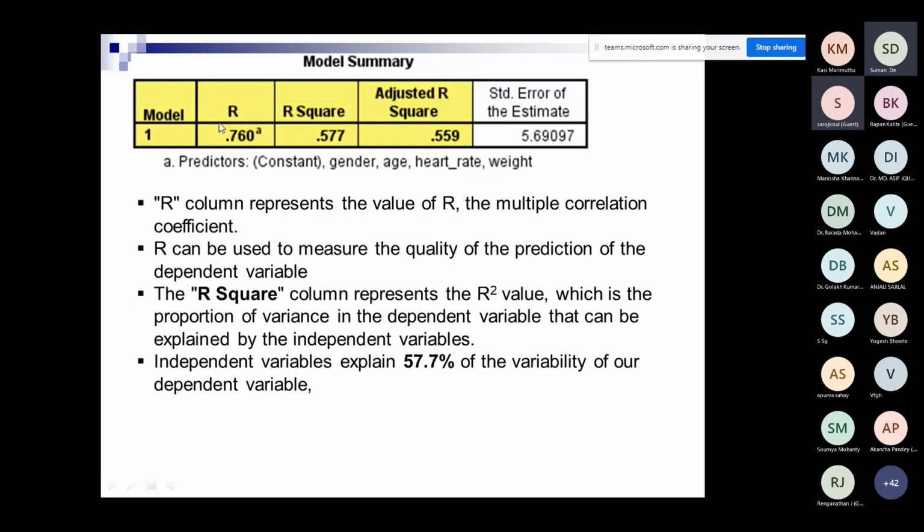R square represents the proportion of variance in the dependent variable that can be explained by all the independent variables: gender, age, heart rate, weight together explain the VO2 max by 57.7%. So the independent variables explain 57.7% of the variability of the dependent variable, VO2 max.